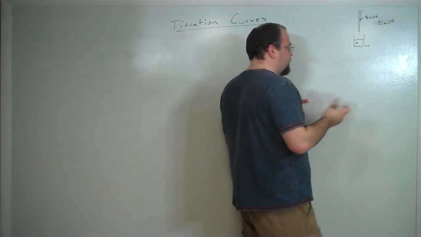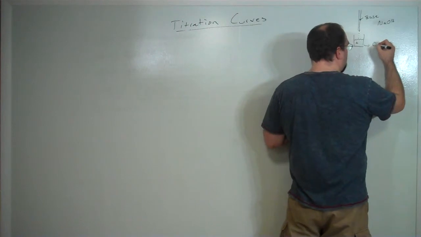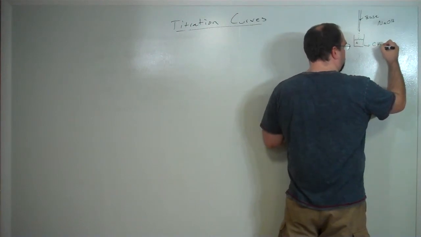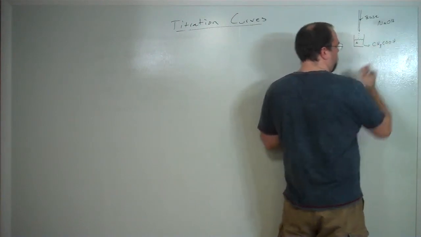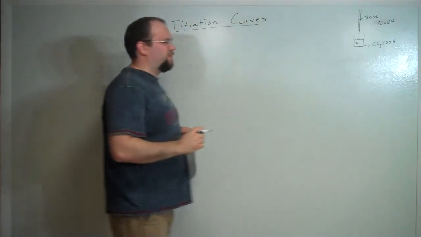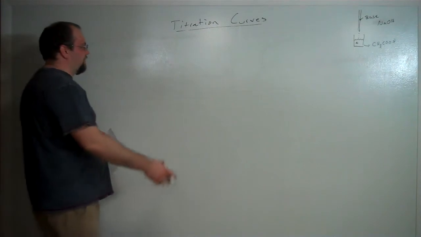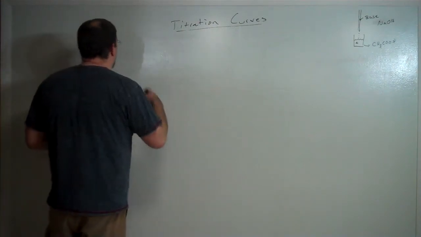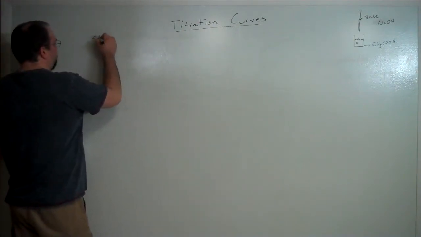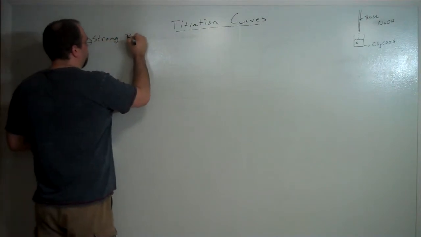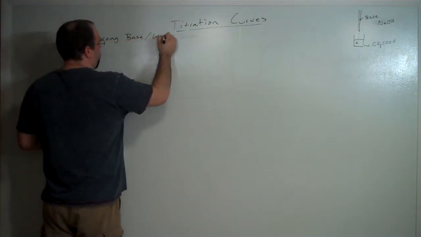And we're doing a weak acid, so I'm going to say acetic acid, just to kind of mix it up. Hydrofluoric acid is always a big one I use, or hydrocyanic acid. But we'll do acetic acid. It'll be fun. So it's a strong base and a weak acid.